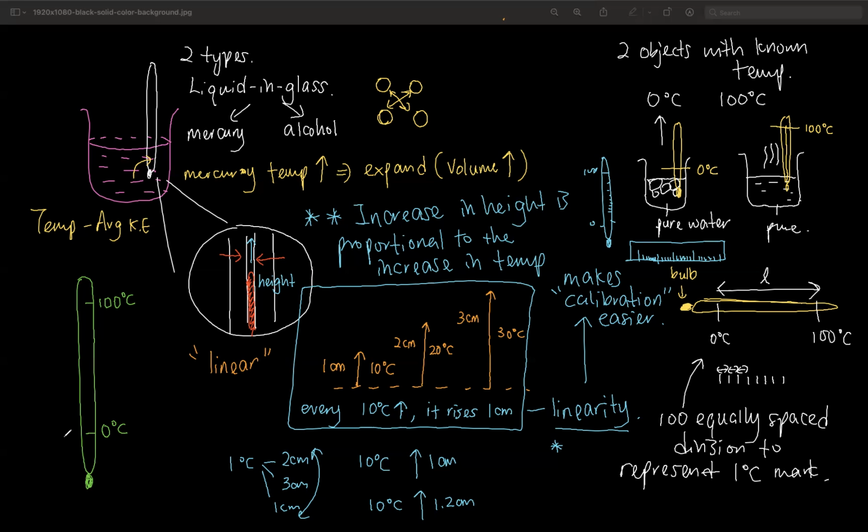Now, every time I measure the length, usually the question will give you the length from the bulb. So you have to be careful which length they give you. Okay, let's say they give you this 5 cm. So the 0 degree is 5 cm from the bulb. And then the 100 degree is, let's say, 30 cm from the bulb.